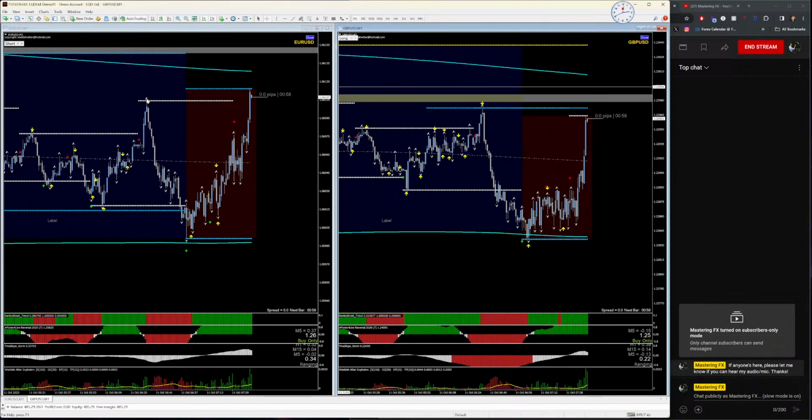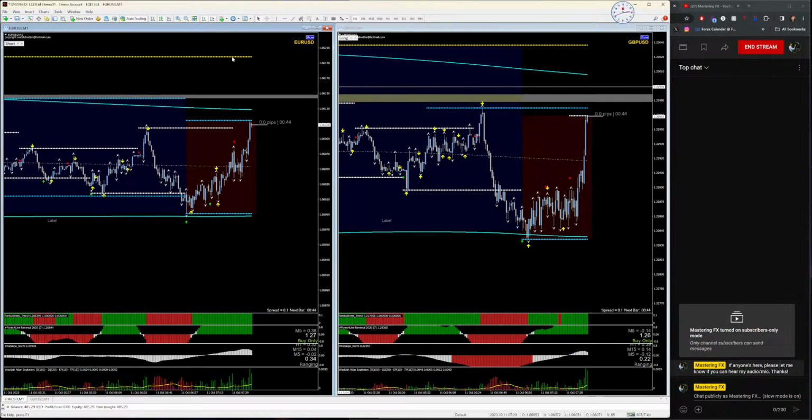We did sweep the high here now in Euro USD. Okay, so now you gotta pay attention here, because I'm definitely interested in selling this. Reason again is last golden dots were resistance.